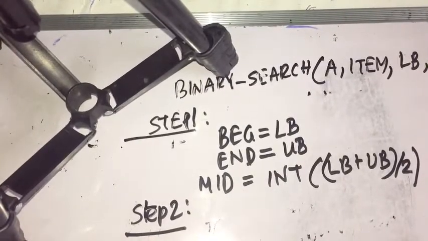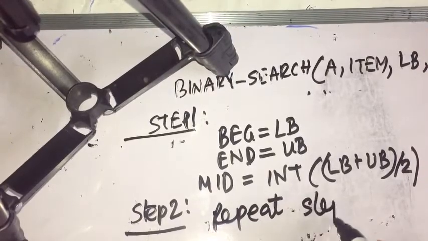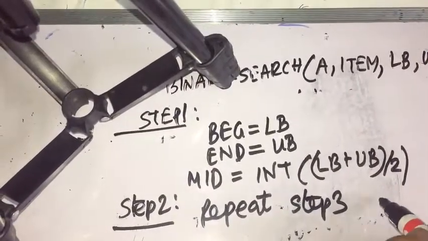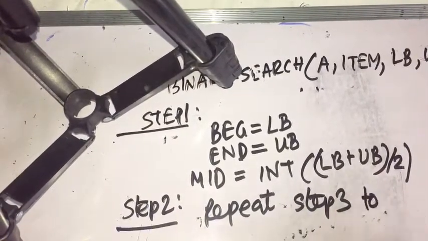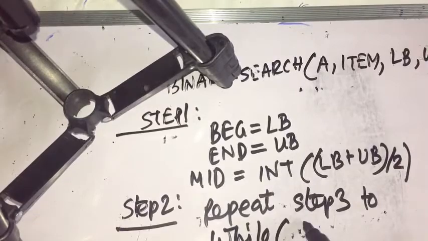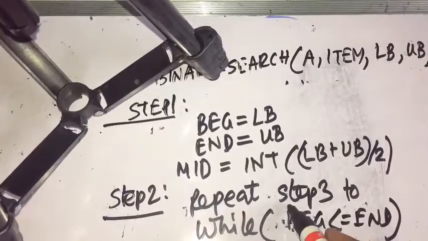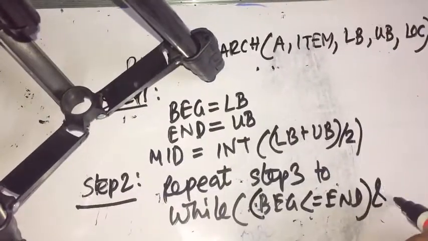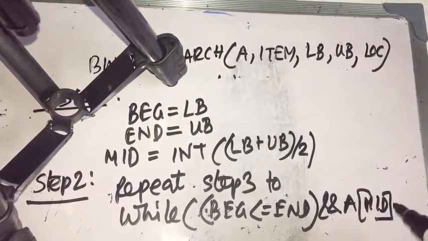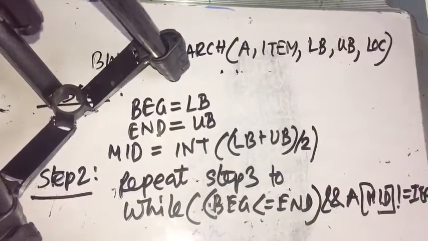Now step 2, there is a while loop. Repeat step 3 and step 4 while beg is less than or equal to end and A of mid is not equal to item.